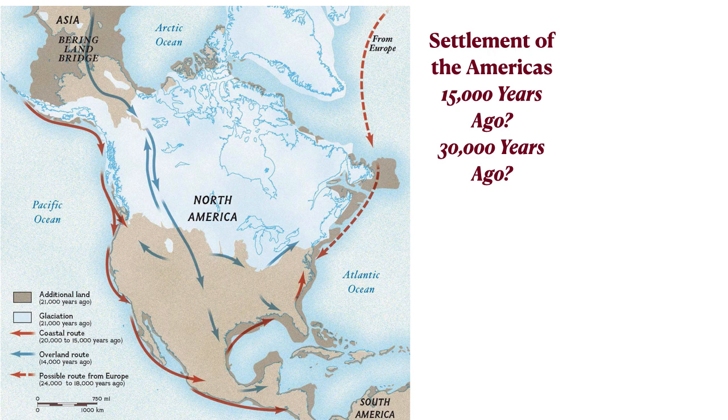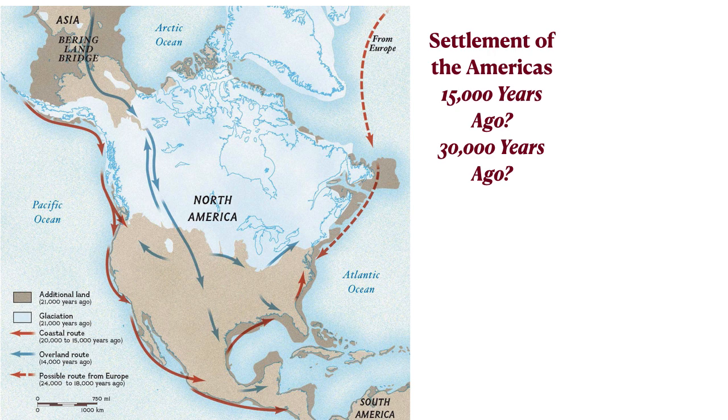But the old model was in showing this blue line, this overland route, and you can see it's crossing the ice cap. How could that have happened? Well, as glaciers started to shrink, an ice-free corridor would have emerged because there were actually two ice caps here that were joined together, one centered over Hudson Bay, the other over British Columbia.